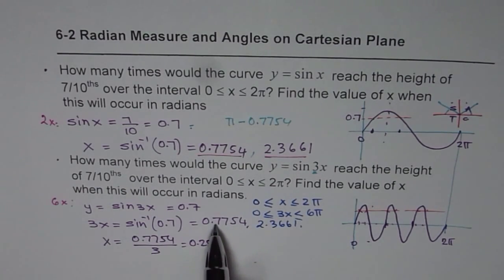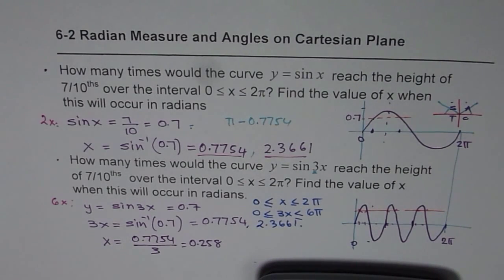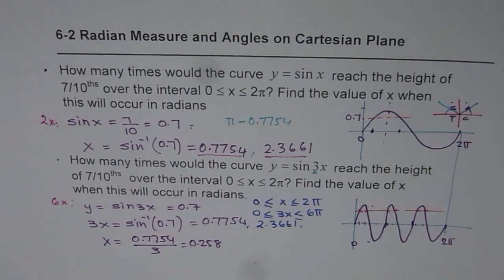So add 2 pi to 0.7754 and 2.33, right? So let's do that. So we have 0.7754 plus pi times 2, which is 7.05, right?